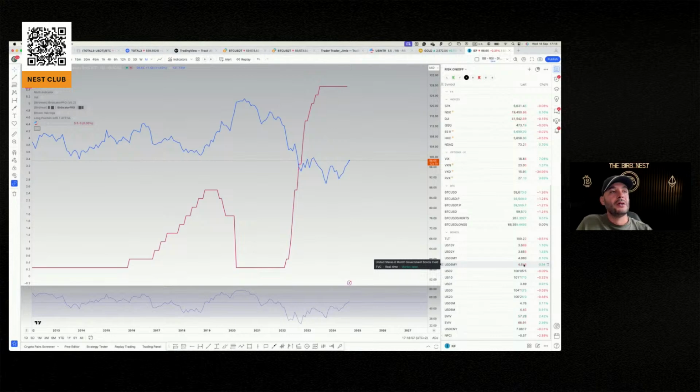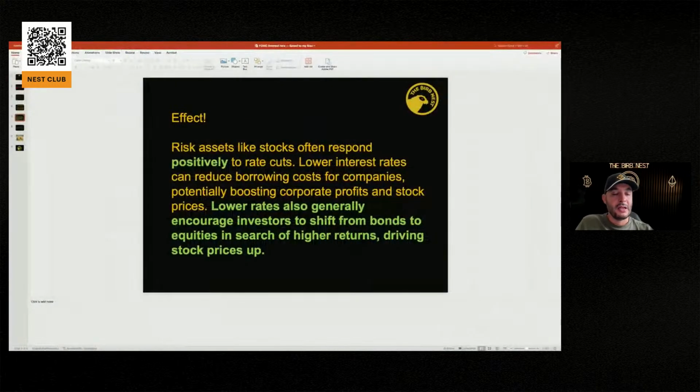So having a lot of money in bonds, especially when the interest rates are high, makes absolute sense. But it also makes sense that when the interest rates are going down, this will encourage that type of investor to shift from bonds. There's trillions and trillions of money in these bonds, and it will shift into equities in search of higher returns.